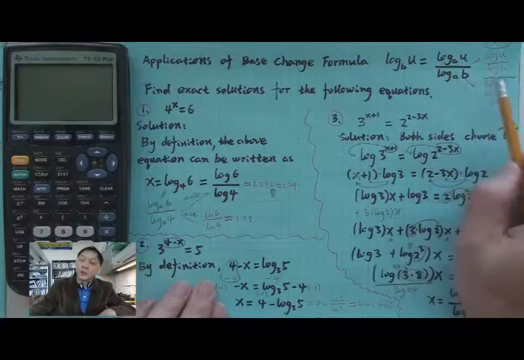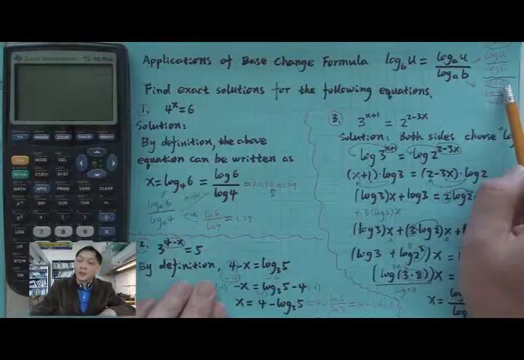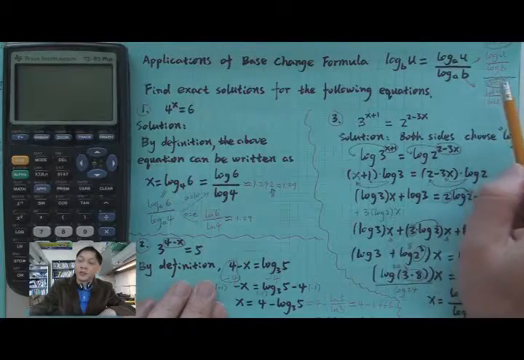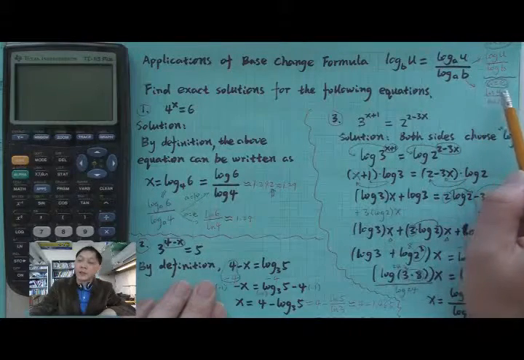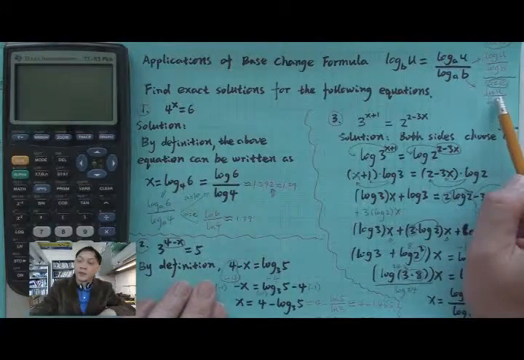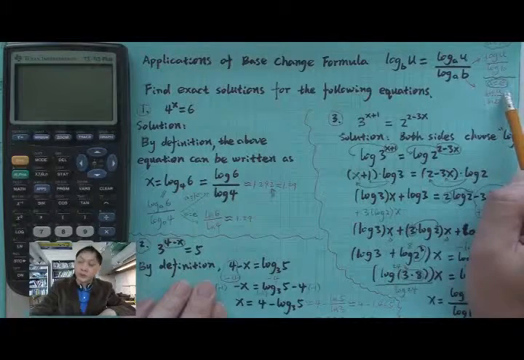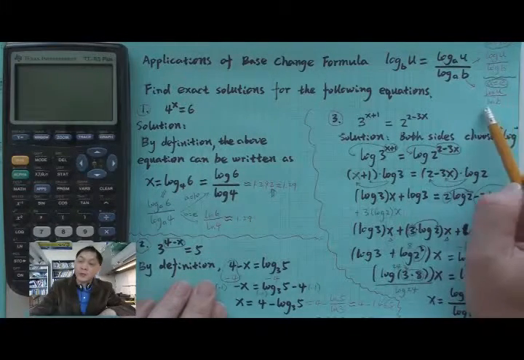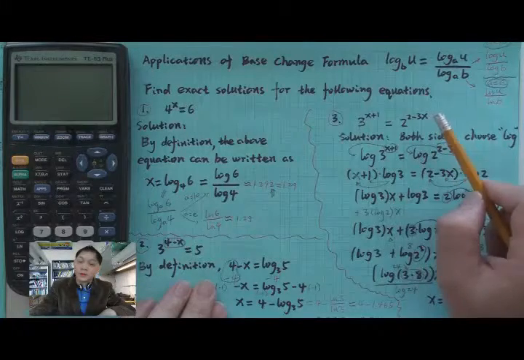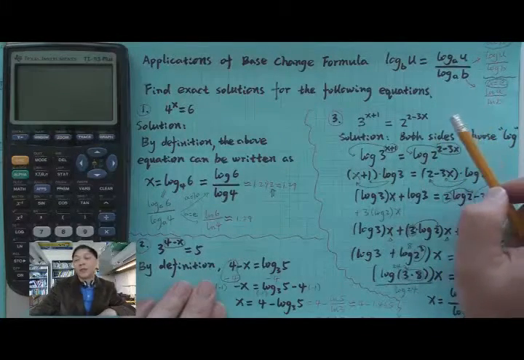A can be e also. If it's e, then log base e, you just simplify that to write ln, natural log u divided by natural log b. Okay, that's the formula.